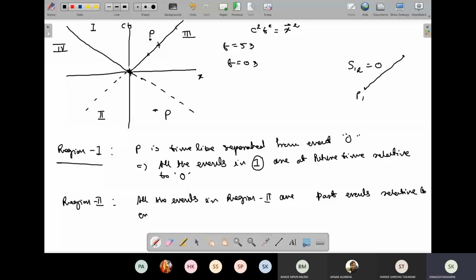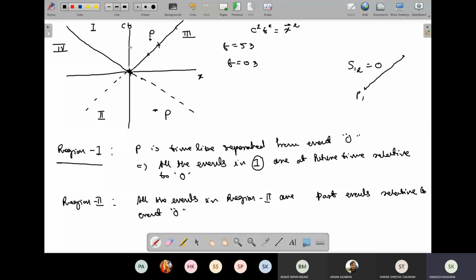So in these regions, there is an absolute concept of future and past. Suppose you concentrate on region 1. In this region, there is an absolute concept of future.